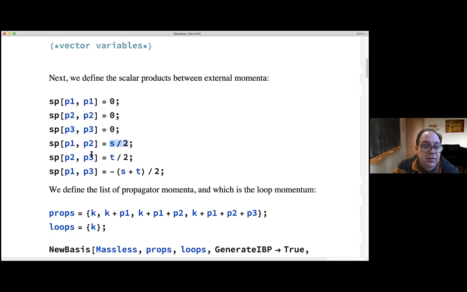So it's 2 times P1 dot P2, so I have to divide by 2. Same for T. And P1 dot P3 is U divided by 2, but U is minus S minus T.